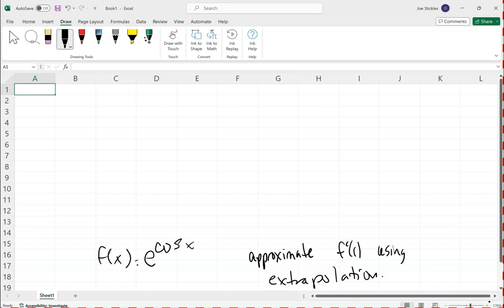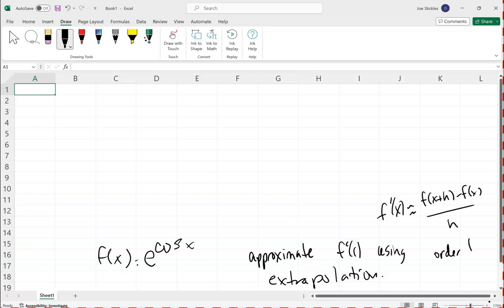Remember, the forward difference is just a fancy name for what you learned back in Calc 1: f of x plus h minus f of x, all over h. And remember, this is an order 1 approximation.